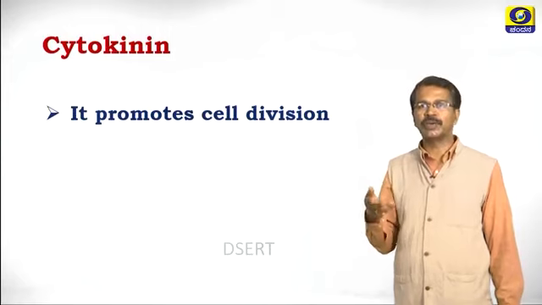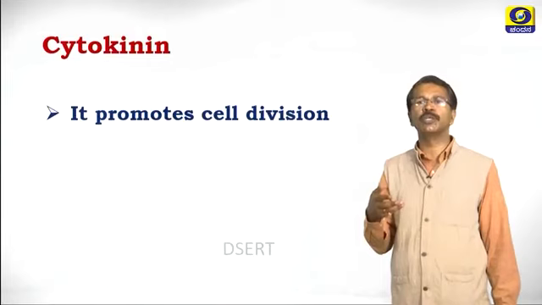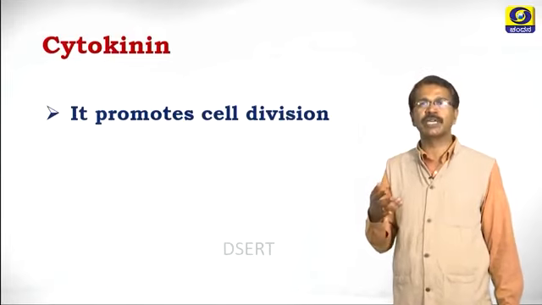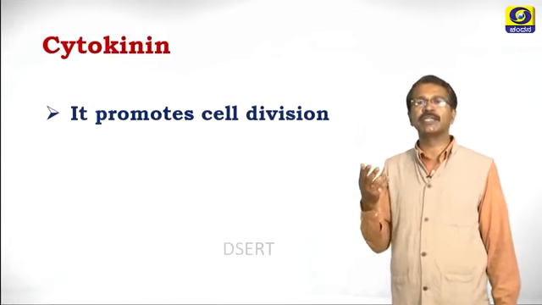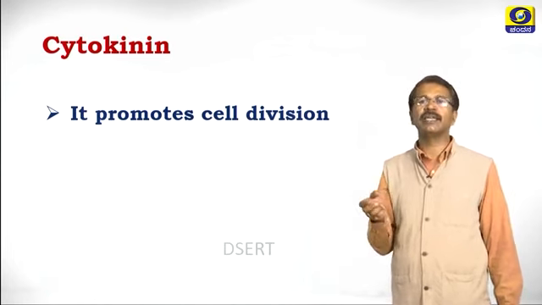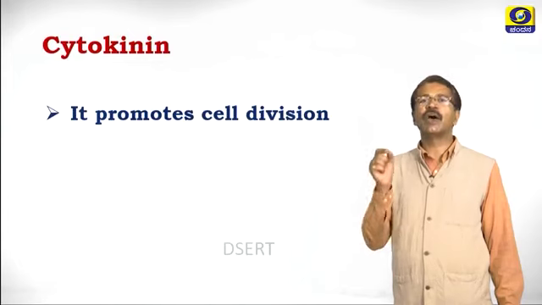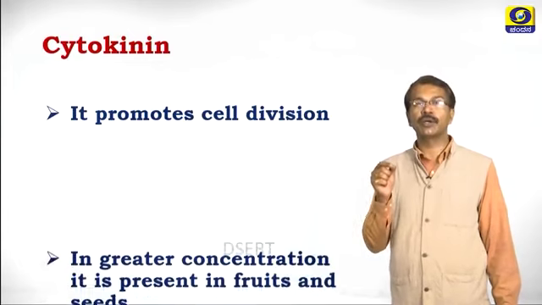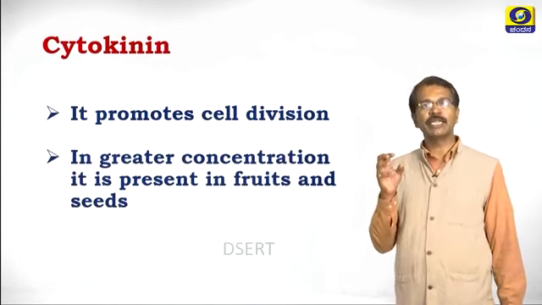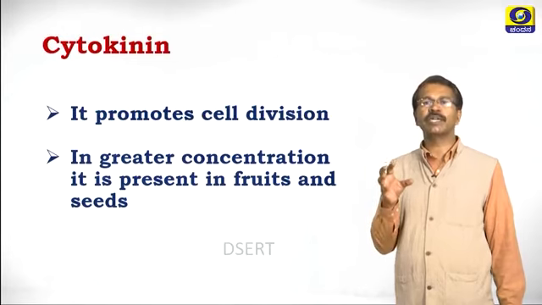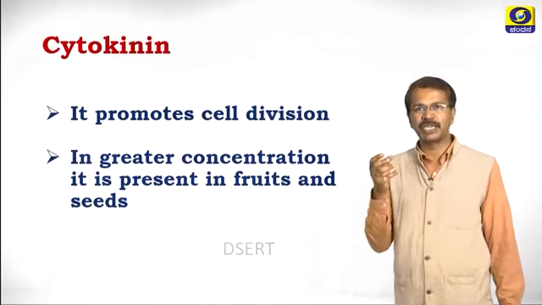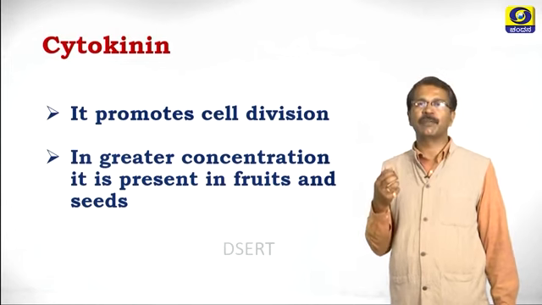Cell number has to increase. When the cell number increases, the mass of the plant body also increases, the volume also increases, which results in the growth of the plant body. So cytokinin is helping cell division, or promoting the cells to undergo cell division. Usually it is present in greater concentration in fruits and seeds.